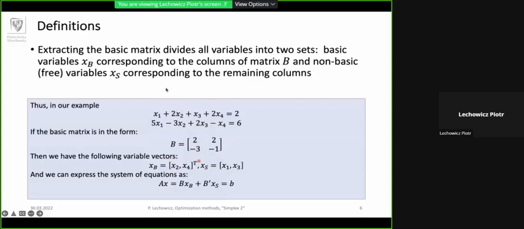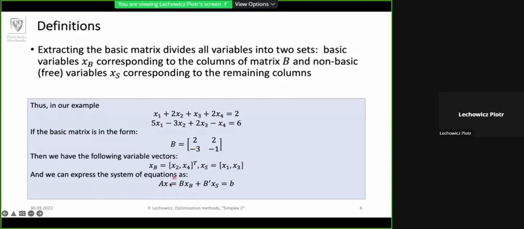And the free variables are x1 and x3. So the 2 remaining columns create the set of free variables, and we can express this system of equations using our basic matrix.